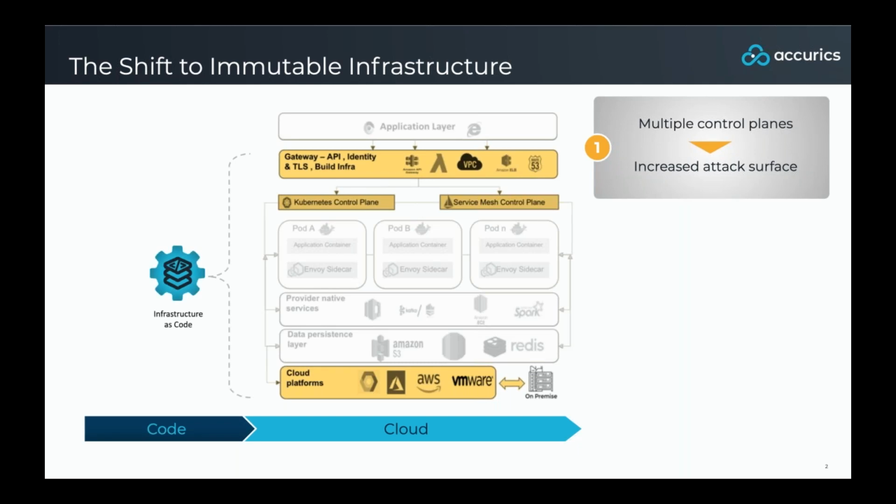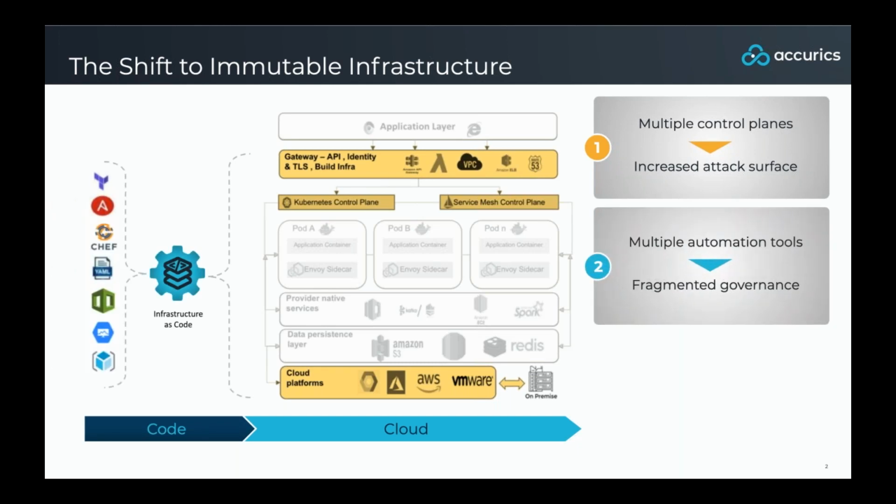The second problem is that each of these control planes usually has a different way to configure and automate them. So the way you stand up your Kubernetes cluster is different than the way you stand up your VPC in AWS, and it's different than the way you're handling your virtual machines and virtualization on-prem. And this complicates the way that we govern and secure these technologies.